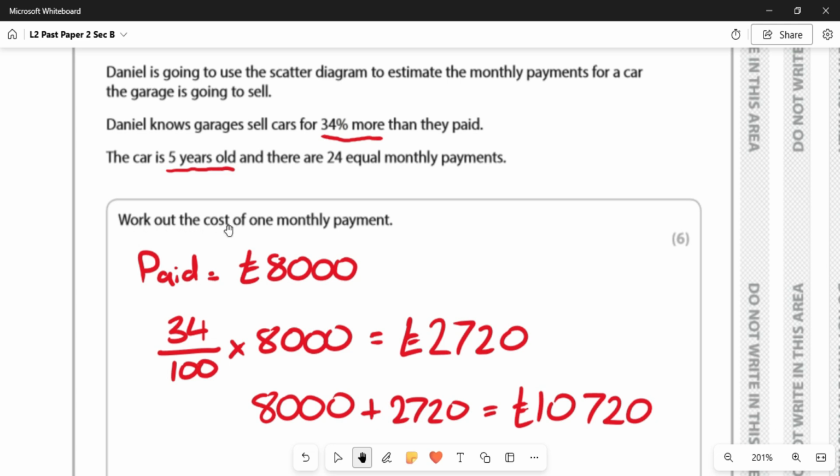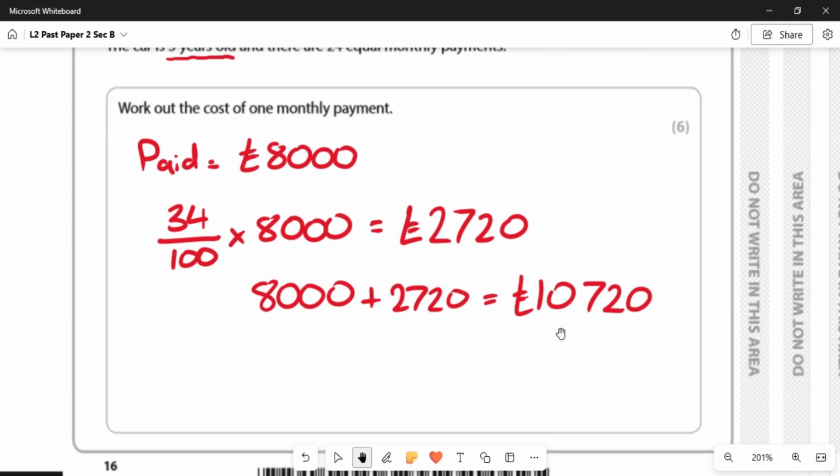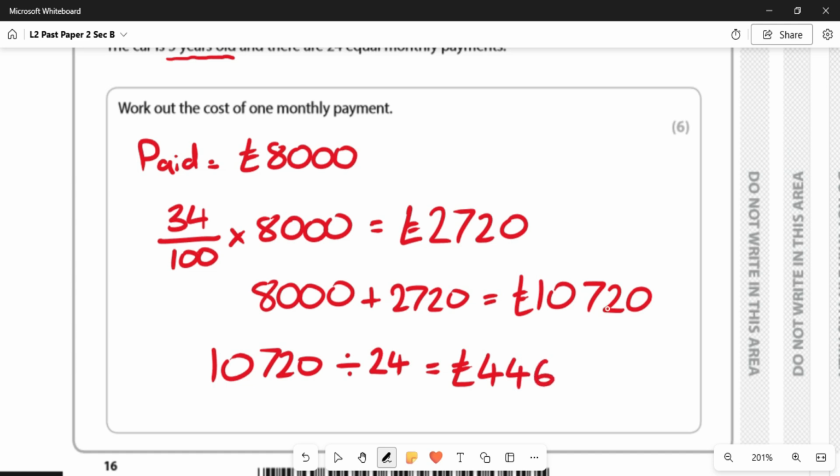They were asking to work out the cost of one monthly payment. Well, he's going to pay it in 24 equal monthly payments. So we need to divide this by 24. If I divide that by 24, it gives me 446 point 6 on my calculator, with a recurring symbol.